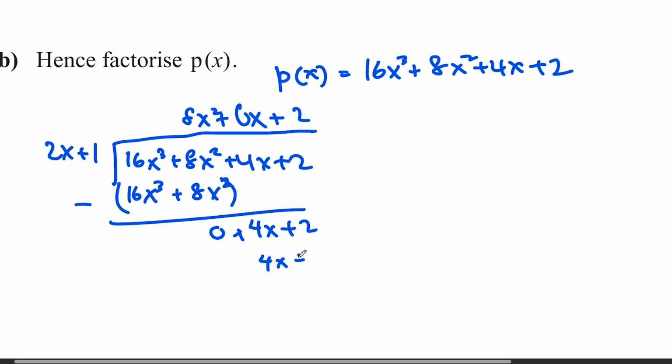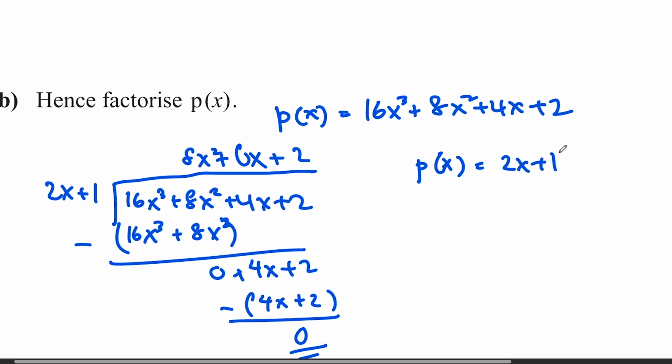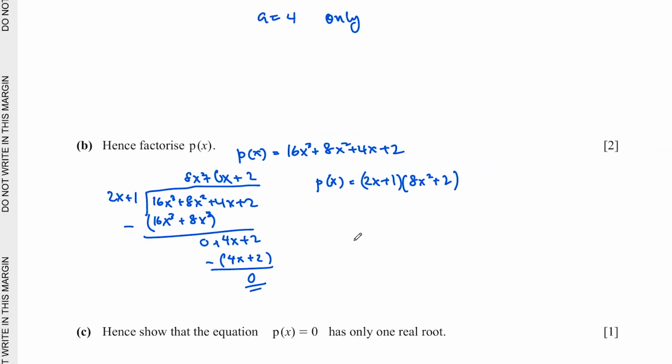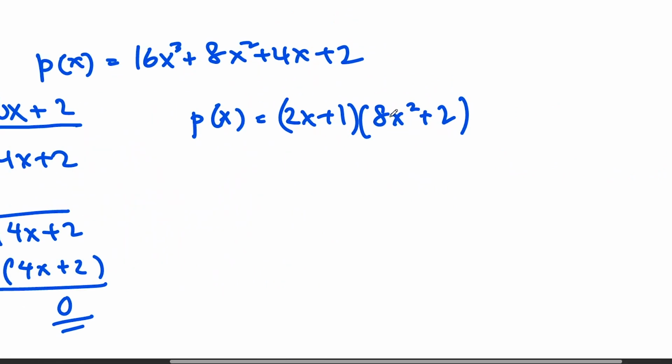Okay. So yep, this is fully factorized, and p(x) will be 2x plus 1, 8x squared plus 2. Okay. I don't think this is able to be factorized even more.